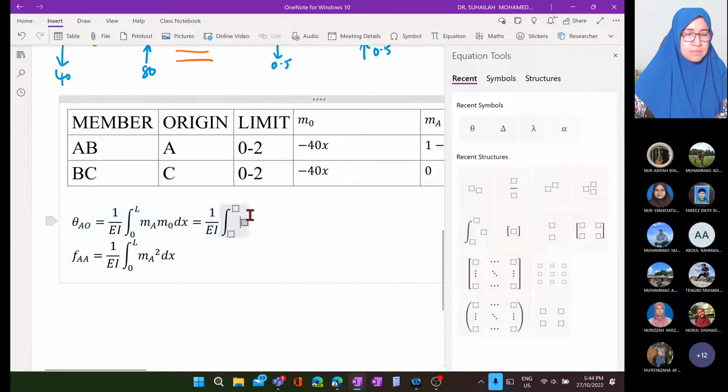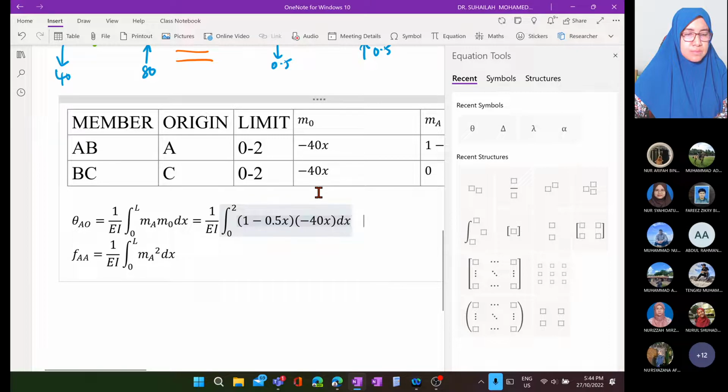I put in full, 0 to 2, MA M naught: 1 minus 0.5x times negative 40x dx. That is for cutting section number 1.